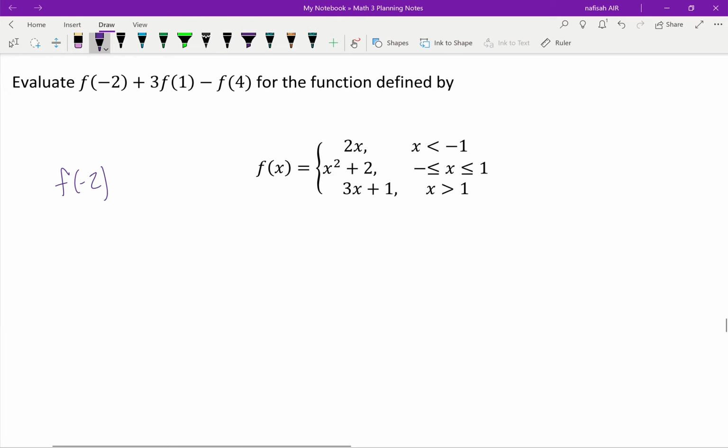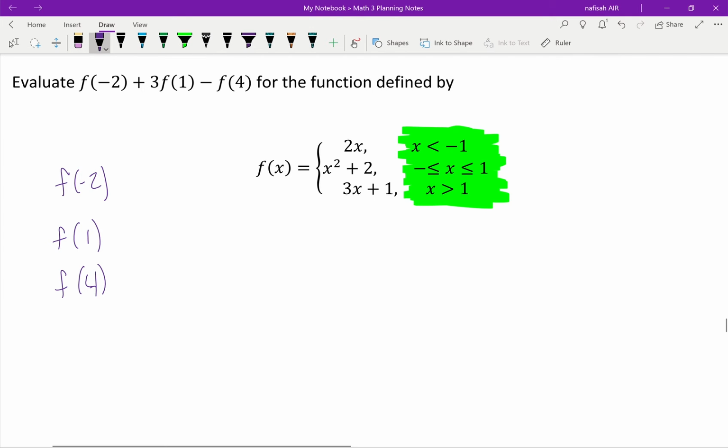I would need to know what f of 1 is, and I'll need to know what f of 4 is. In order to know what f of -2 is, it's saying that x equals -2. I'll look at my conditions to figure out where x could equal -2.